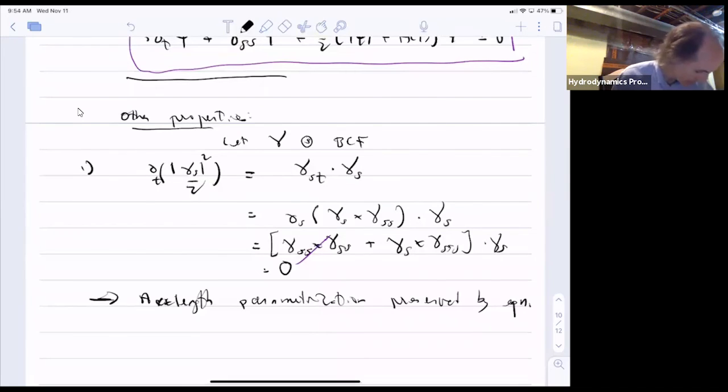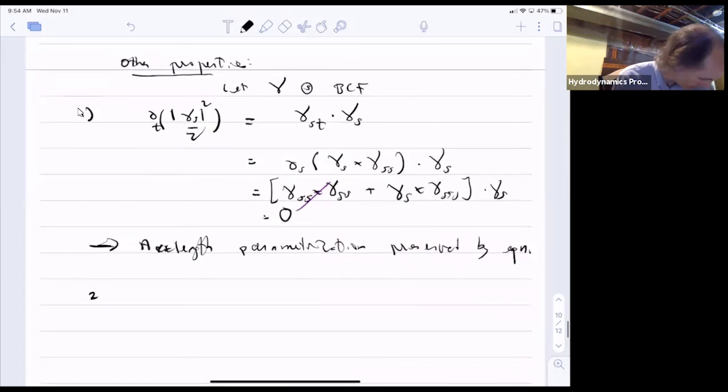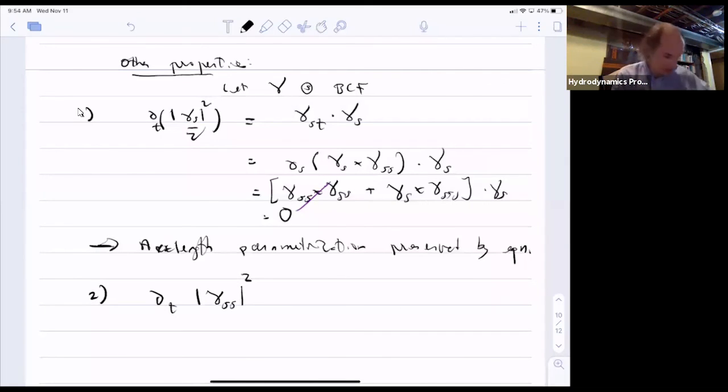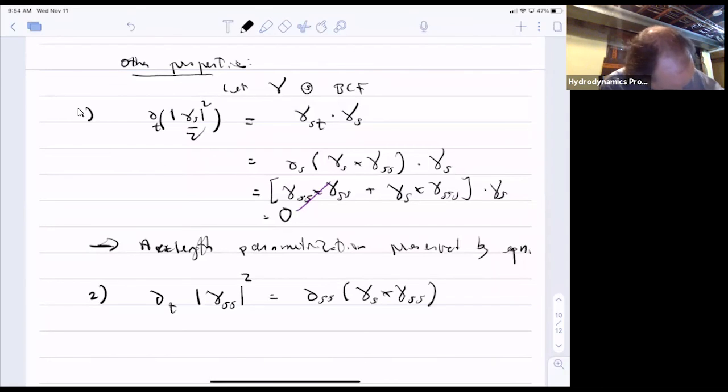Next, I'm about out of time, but if I look at the curvature squared, I can do similar calculations. And what will I have?